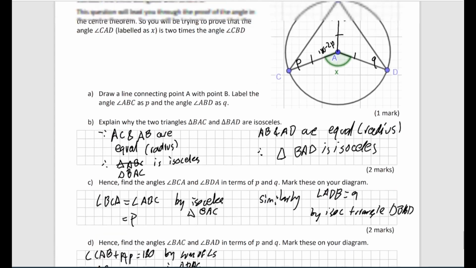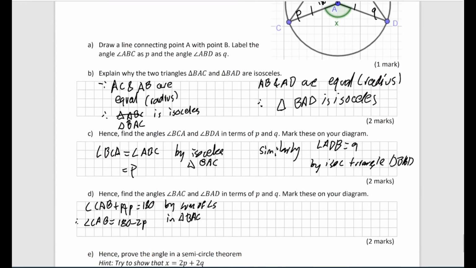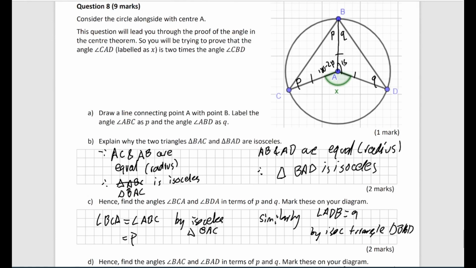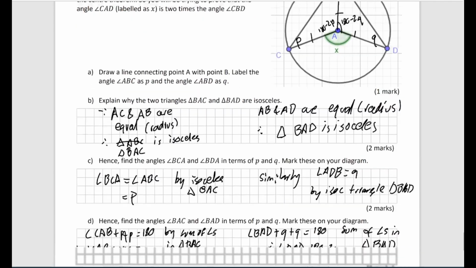And then angle BAD plus 2Q equals 180, sum of angles in triangle BAD. Therefore, angle BAD equals 180 take 2Q. All right. Because you've done sum of angles in each of the little triangles there.